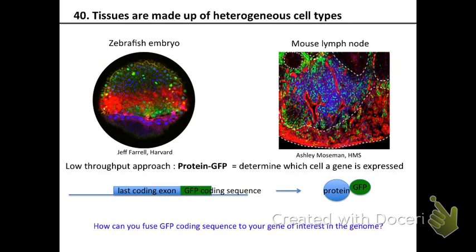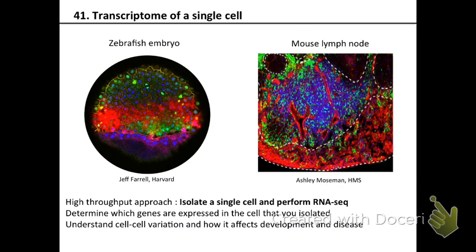Yeah, so it's not going to work. What else? What's the breakthrough of the last 10 years? CRISPR, right? So you can use CRISPR to insert the stuff. And people actually do this.